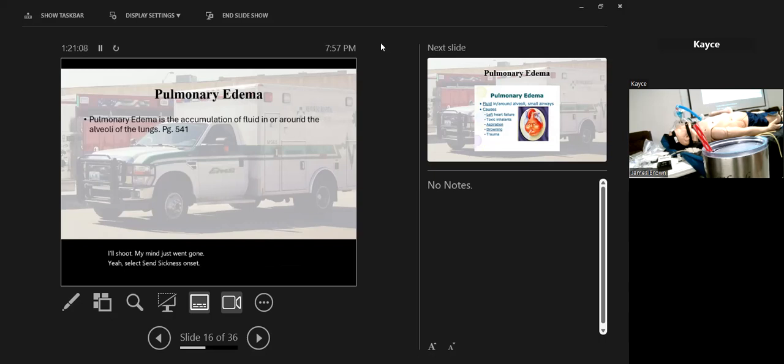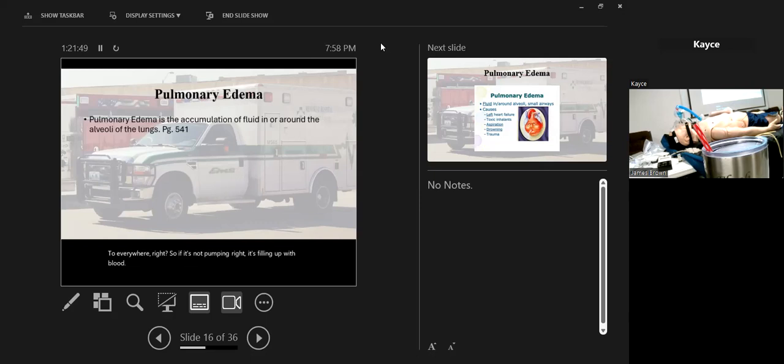So when we're talking about left-sided heart failure, we got the heart right here. As the left side of the heart contracts and starts not having as much contractility, it's not able to pump as hard. Where does the left side go? To everywhere, right? So if it's not pumping right, it's filling up with blood, but it's not pumping all that blood out.